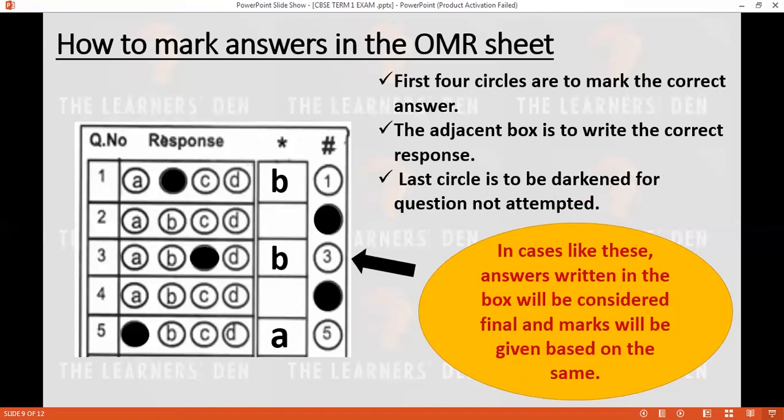So if you feel that you have marked an answer incorrectly, please try to write the correct answer in the box. Do not overwrite, do not put a cross with a pen or a pencil or do anything else in the OMR sheet apart from darkening the correct response and writing the response in the star mark boxes.